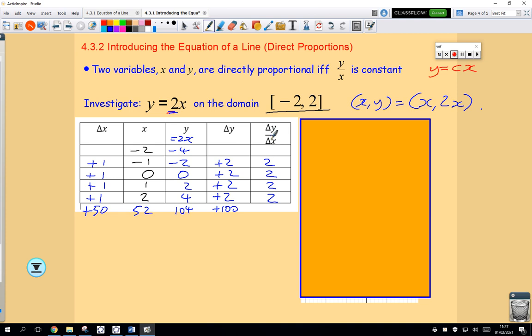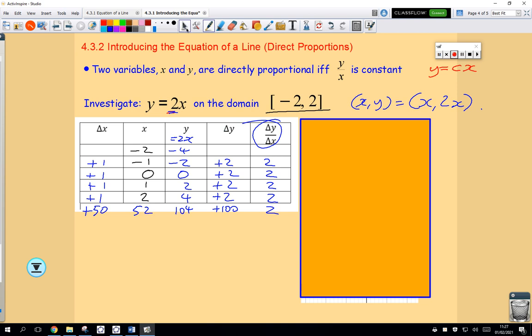And if I look at the change in y over the change in x, 100 divided by 50, it's still 2. The change in y divided by the change in x is constant. x is changing, y is changing, but delta y divided by delta x is not changing. Remember, that's what we define as slope. So this has a constant slope, which means it's a linear function.